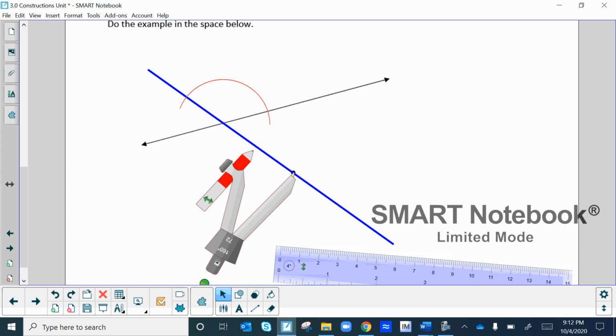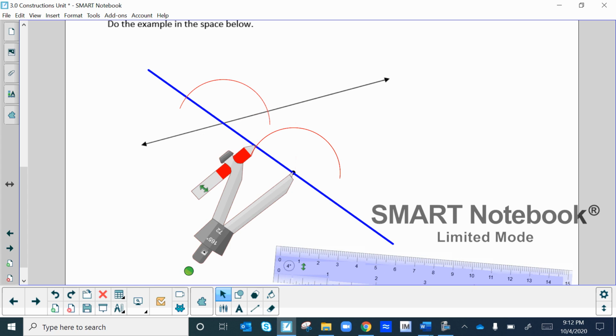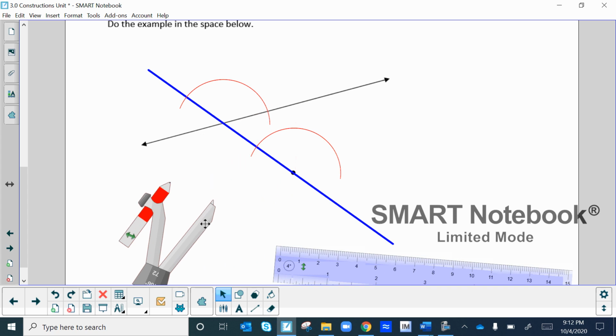Now keep in mind, we're going to come down here and make that same arc as we would when we copy angles. See, I copied it in its same relative position. So I'm going to number those for you, okay? I'm copying angle 2 into, I don't know, angle 6, whatever you want to call it, okay? So see how they're in corresponding positions?